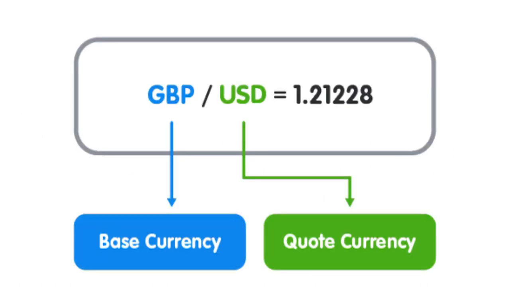Okay? So here, looking at what we've been looking at, the base currency and the quote currency, we're going to keep this super simple. If you believe that the British pound will appreciate in value, what you want to do is buy this pair.